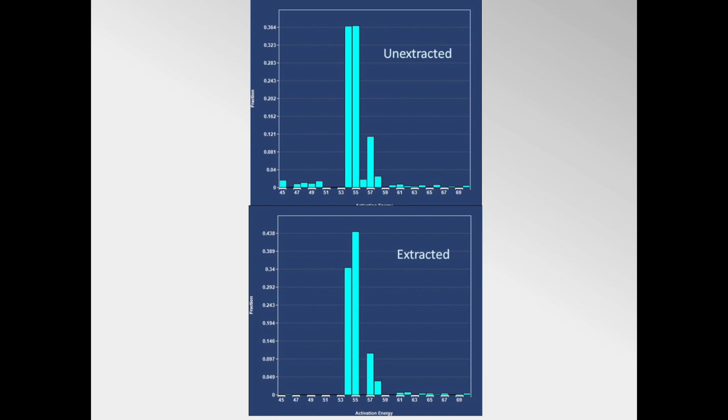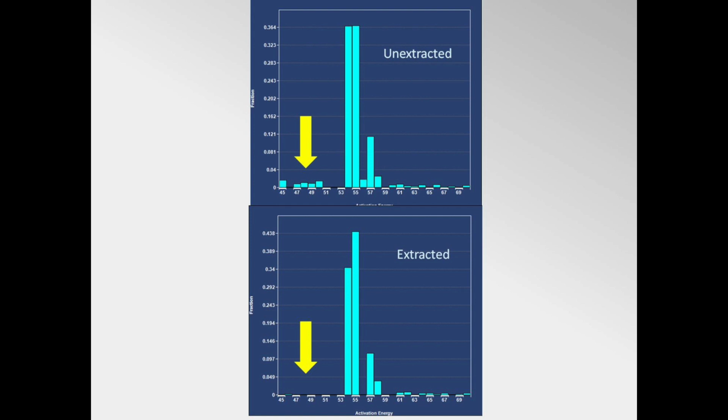On this slide, we see unedited kinetics derived from both versions of the same sample. The unextracted is the top, the extracted is the bottom. The most obvious difference is on the left side of the activation energy histogram, indicated by the yellow arrow on both.